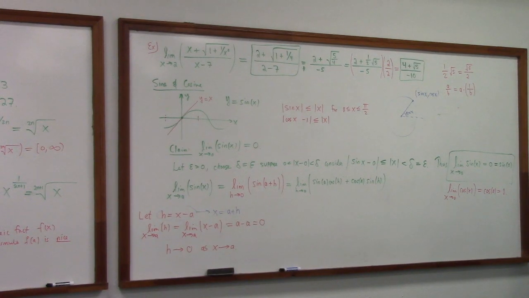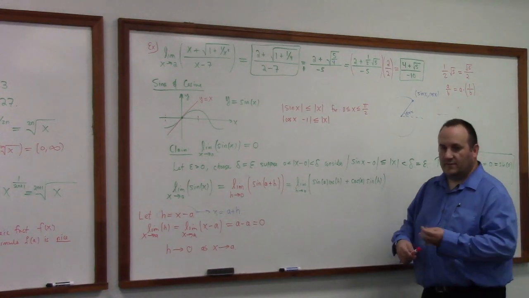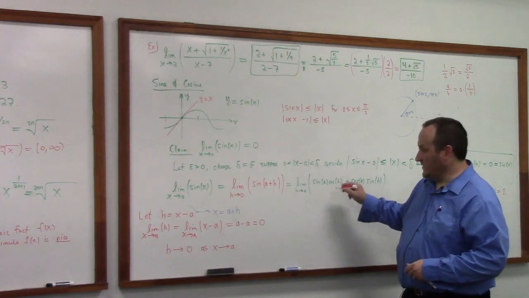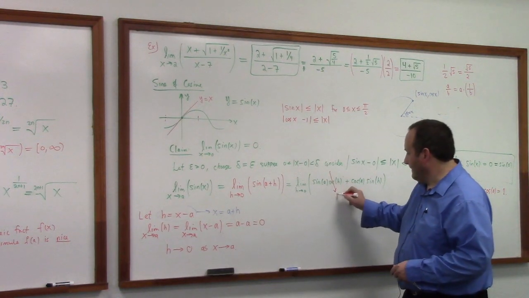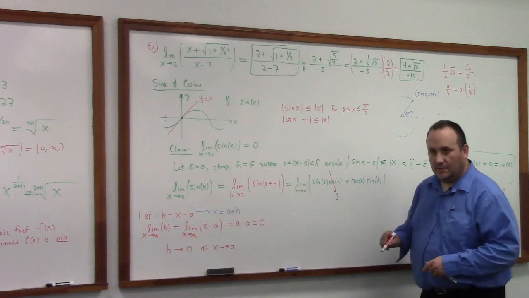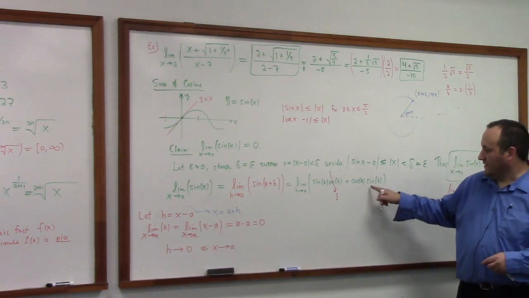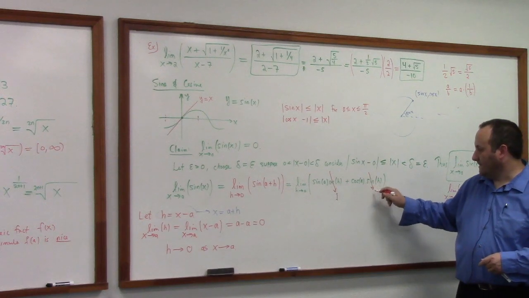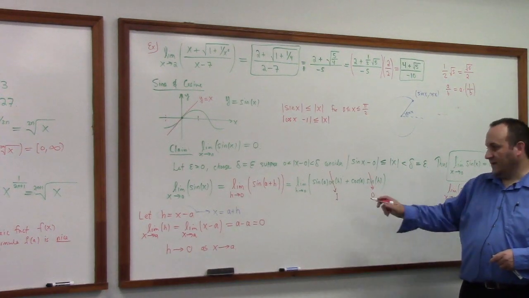But what do we know about the limits of things involved there? I've already argued, I claimed anyway, that the limit as h goes to 0 of cosine of h is 1, and that the limit of sine h as h goes to 0 is 0. So what do we have altogether here?